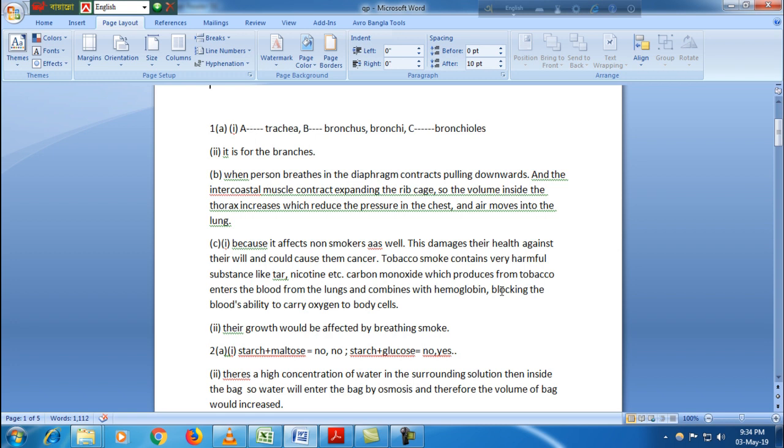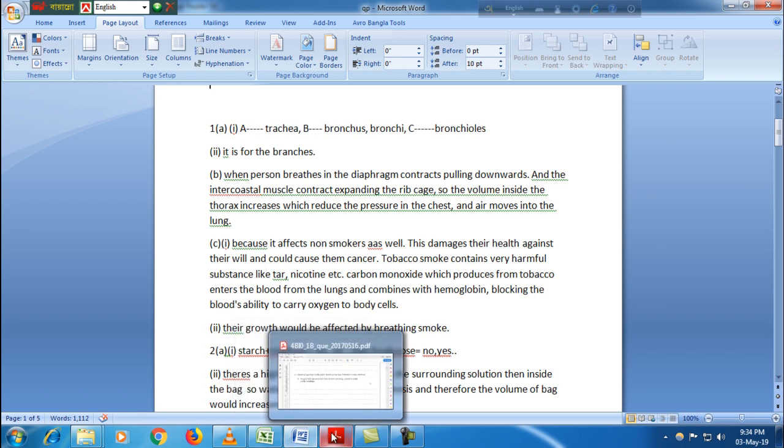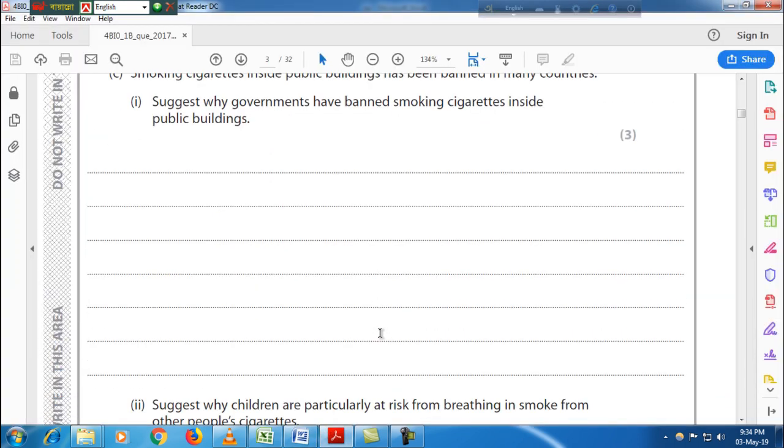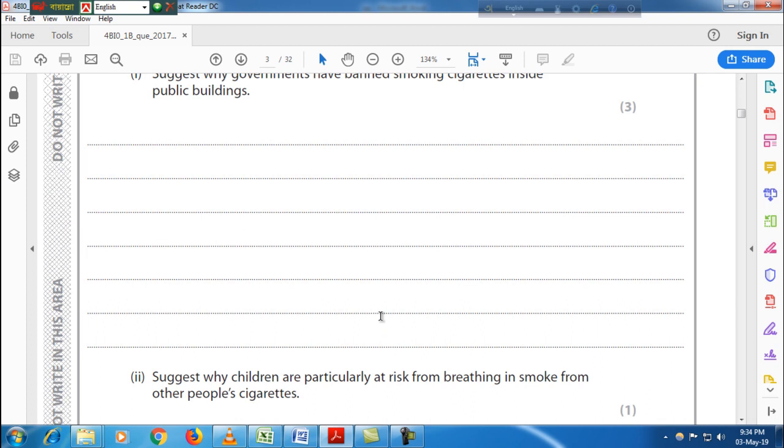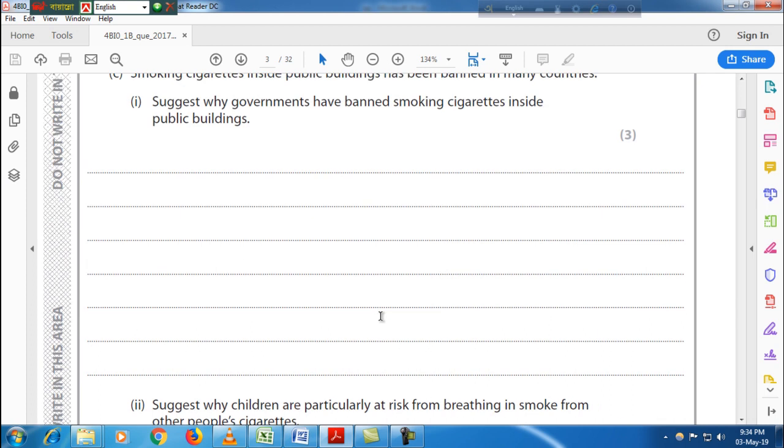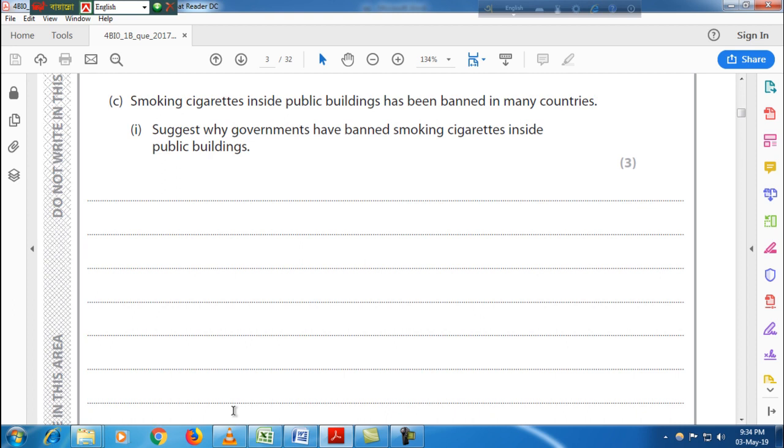Suggest why children are particularly at risk from breathing in smoke from other people's cigarettes. It is because of passive smoking.